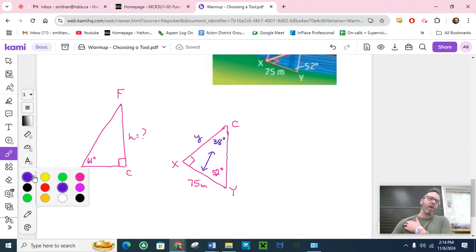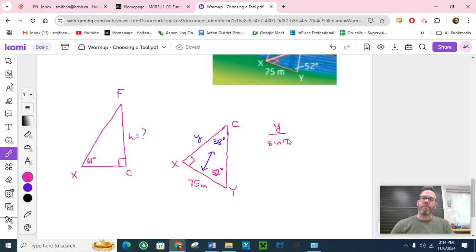I'm going to use sine law, and we should get the same answer as you people using SOHCAHTOA. So y over sine 52 equals 75 over sine 38. You can definitely use SOHCAHTOA, as I mentioned, but some people really like the sine law and should get the same answer either way.